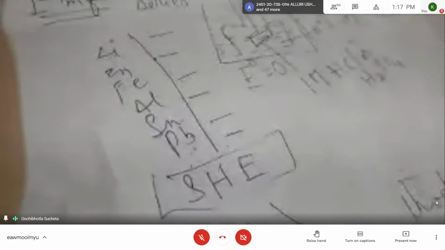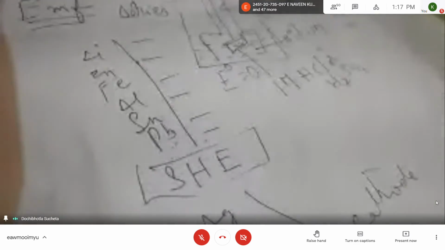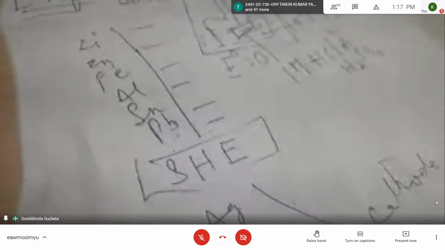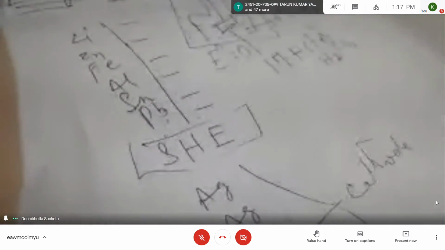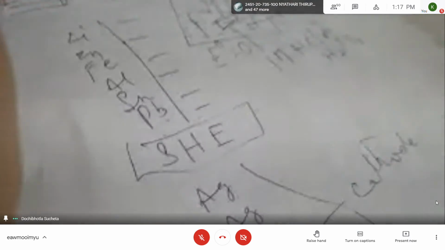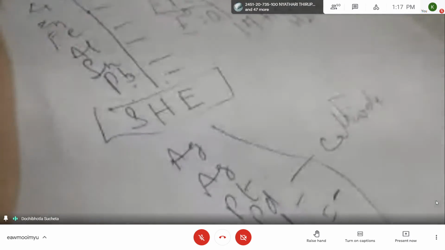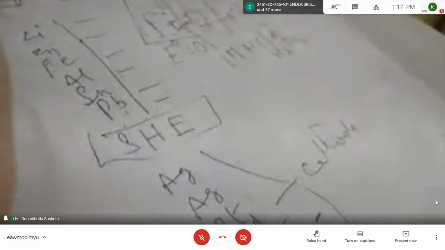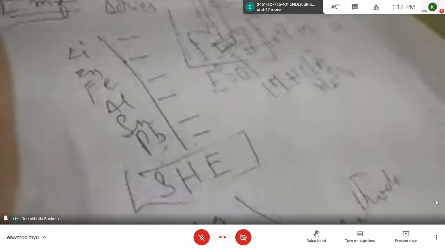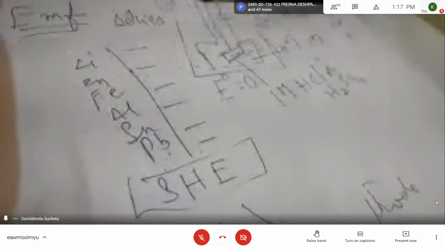So when you're talking about single electrode potentials, it shows the tendency. It's a spontaneous behavior of various metals and non-metals, either to lose electrons or gain electrons. So it's a spontaneous behavior that has been studied experimentally, and they have brought this table out. Okay, so understand what is meant by the EMF series.